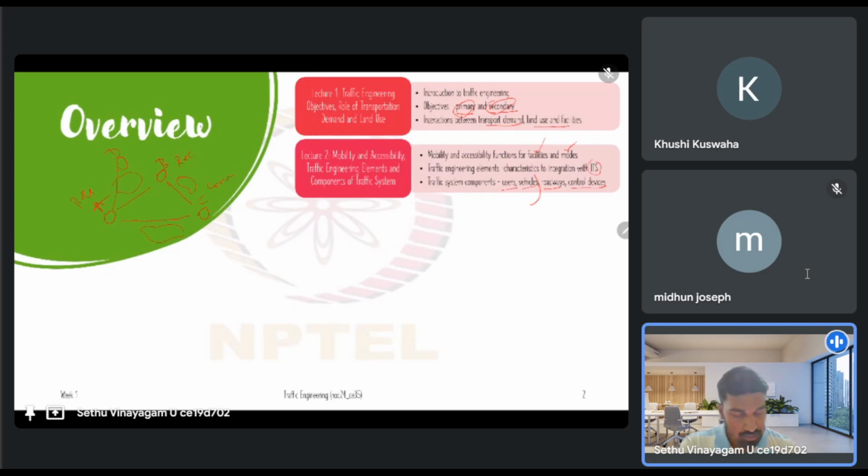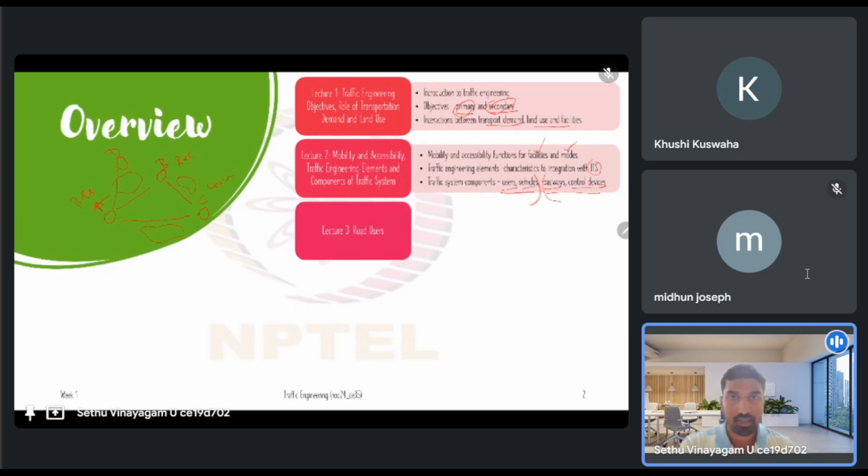Whereas the roadways and the control devices are within the control of the traffic engineer. The roadways are designed, and the control devices are designed and operated, by the traffic engineers. Therefore these two are the controllable components, whereas the first two are the uncontrollable components in the traffic engineering system.